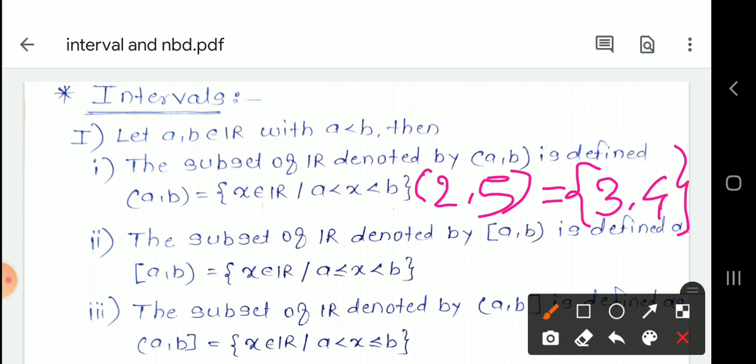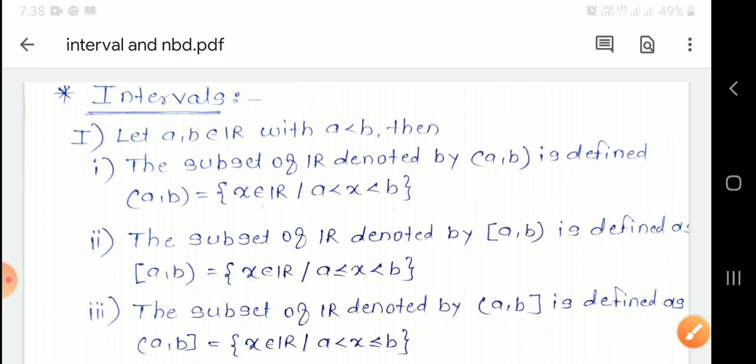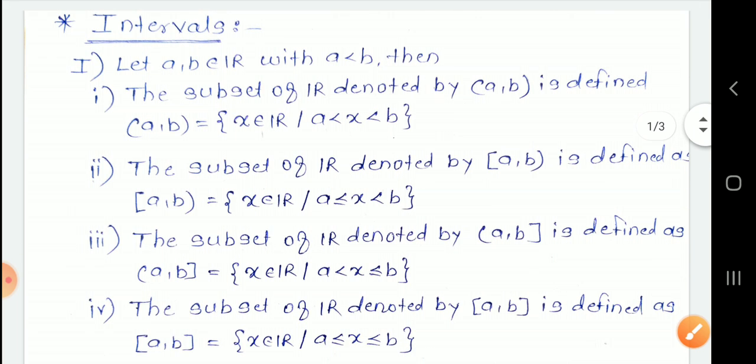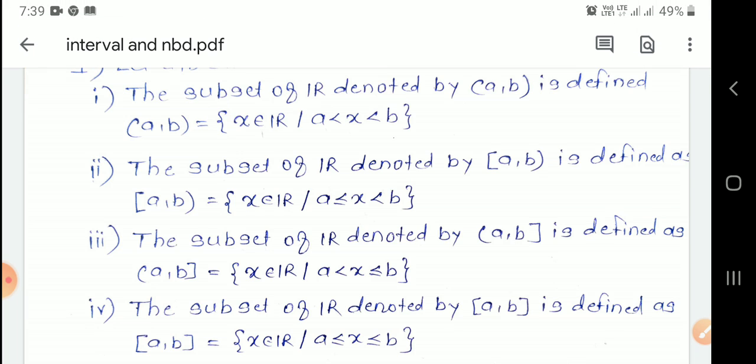That means the open interval (2, 5) contains these two elements, 3 and 4. Okay, so an open interval contains the elements which lie between their limits, the starting limit and the ending limit. This is called an open interval.